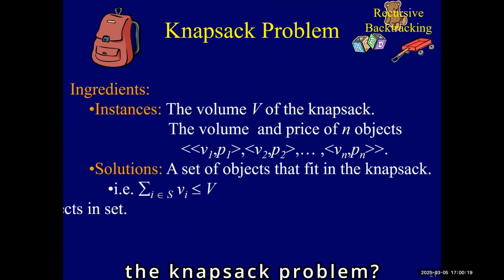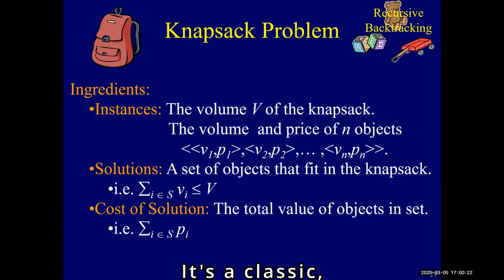All right, so what is the knapsack problem? It's a classic. I have a knapsack of a given volume. I have objects. Each object has a volume and a price or a profit. And what you're trying to do is to say, which objects do I put in the knapsack under the constraint that the sum of the volumes I take isn't too big, and I want to maximize the profit.